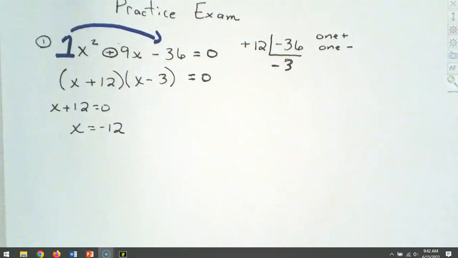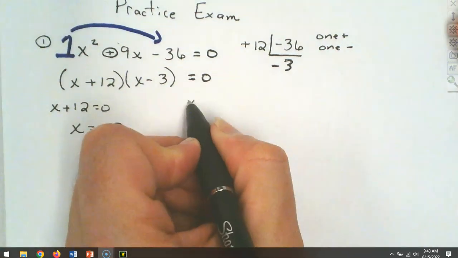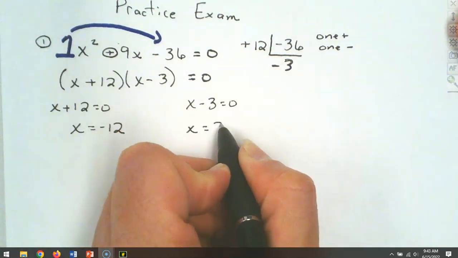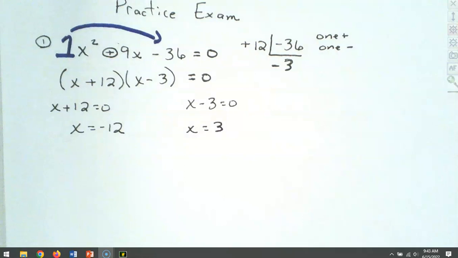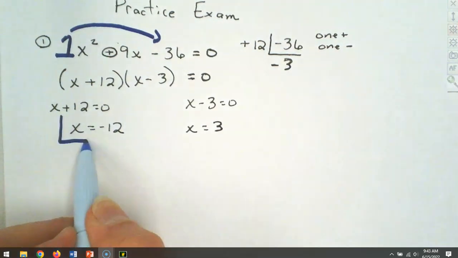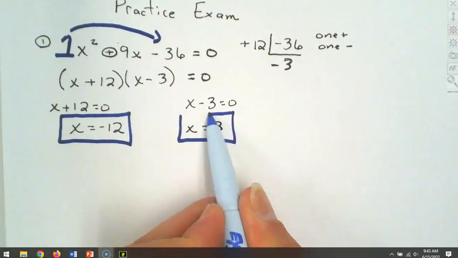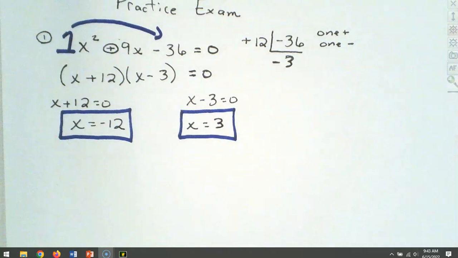You switch that sign, and x minus 3 equals 0. Moving it over gives you x equals a positive 3. Is everyone okay with that one?